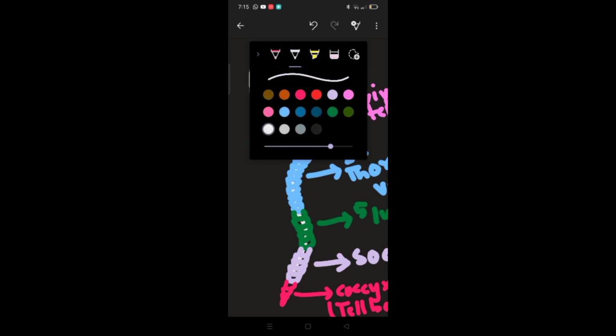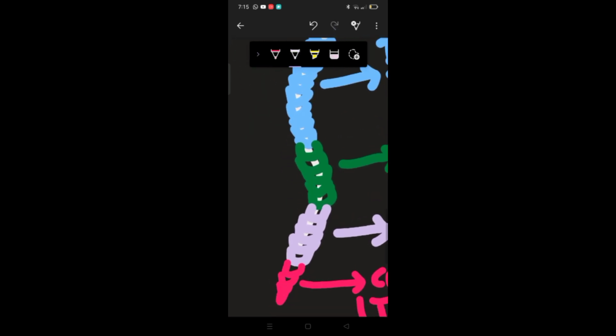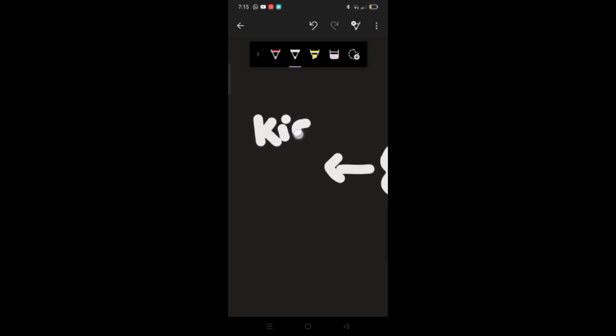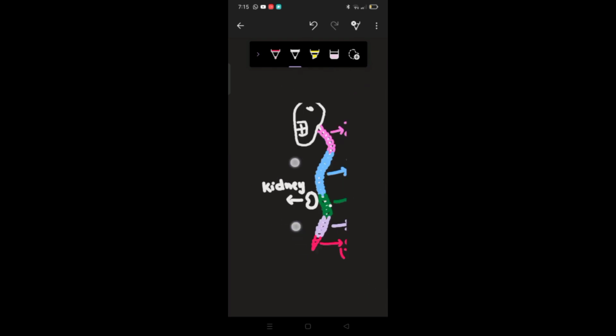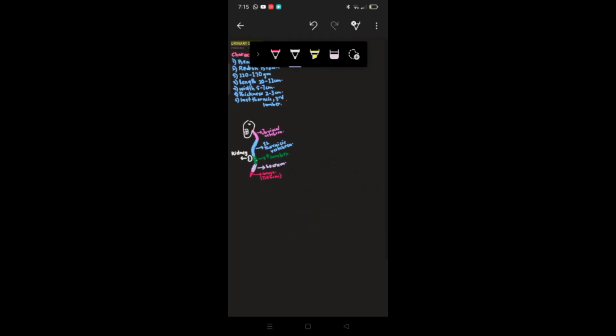As you can see here, this is the third lumbar and this is the last thoracic, and here we have kidney, which is starting from last thoracic vertebra and extending to the third lumbar. Alright, so it was the location of the kidney.